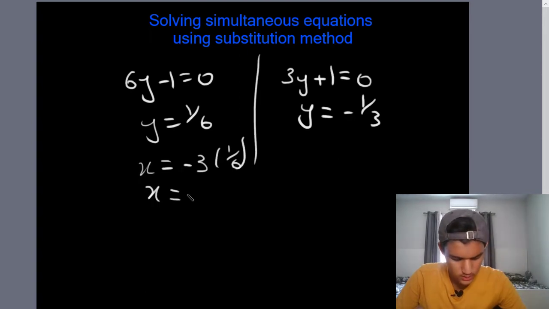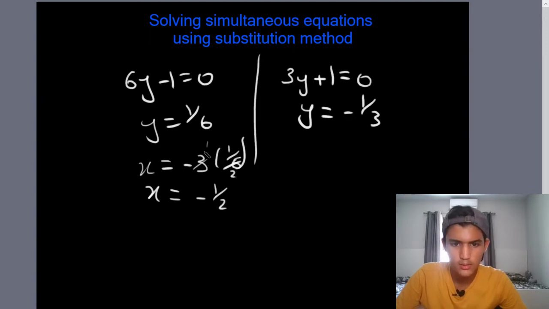So x is equal to minus 1 upon 2. So minus 1 upon 2 comma 1 upon 6.